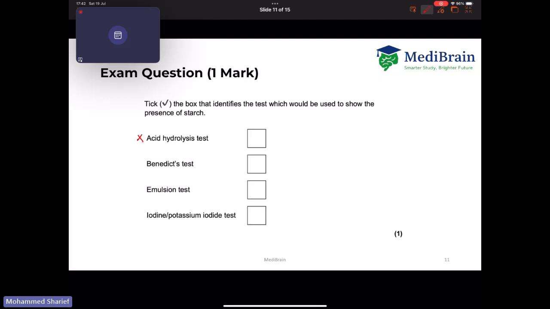I think it's trying to rephrase the test for non-reducing sugars. It's not Benedict's test because that's not testing for starch, and it's not the emulsion test because we're not testing for lipids. So our answer is going to be the iodine or potassium iodide test.